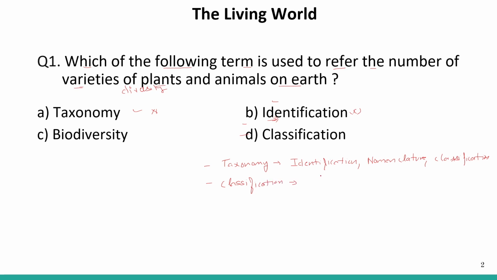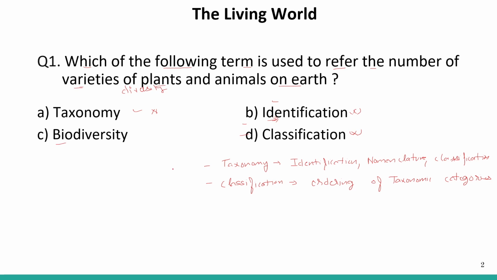So classification is simply the ordering of the taxonomic groups or taxonomic categories. Alright, so this option is also not correct.